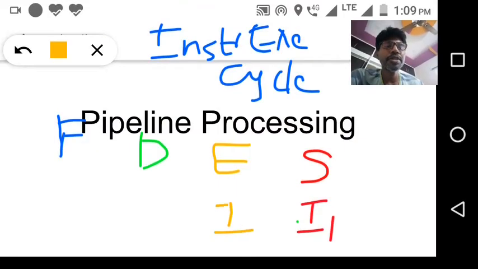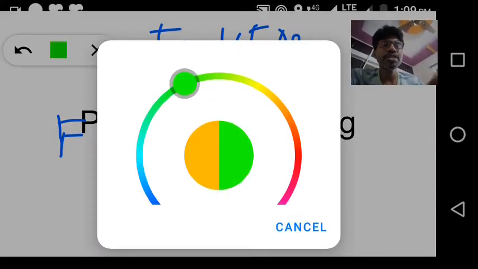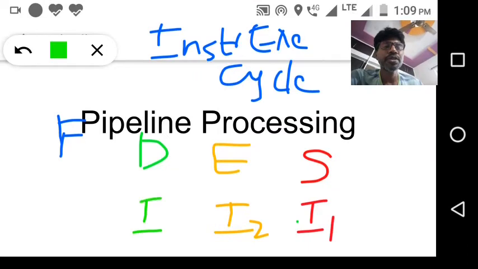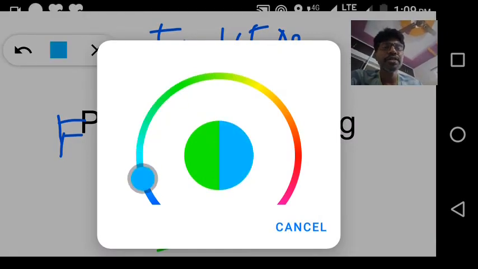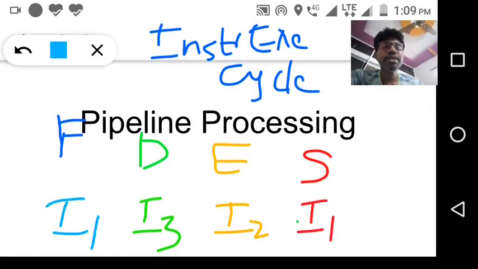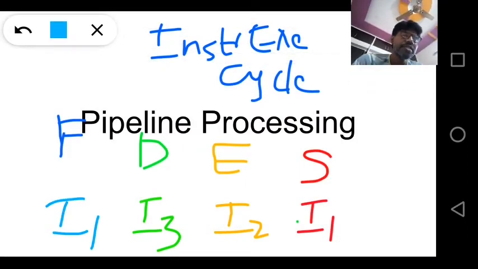It might be executing instruction 2. When it is executing instruction 2, instruction 3 might be in the decode state and instruction 4 might be in the fetch state. So this is what happens in general. This is the basic idea behind pipeline processing.